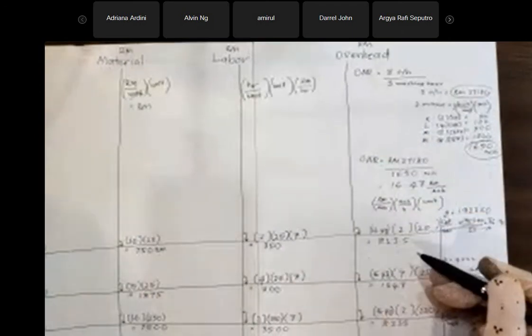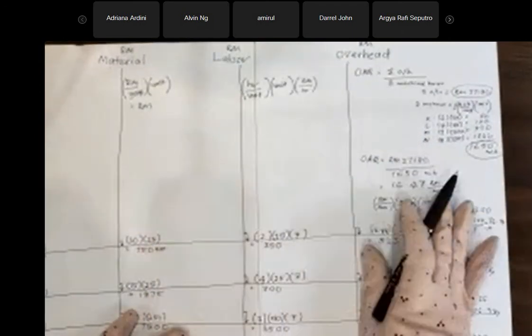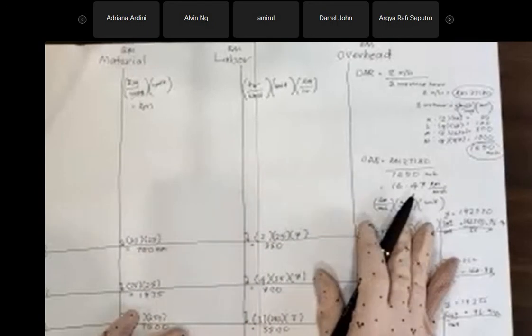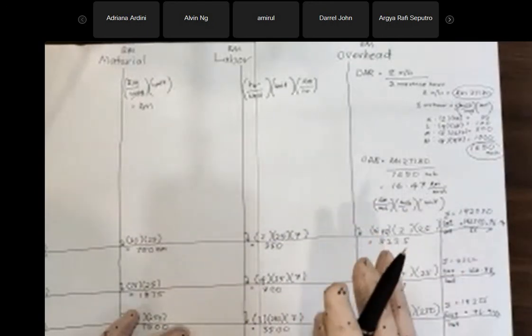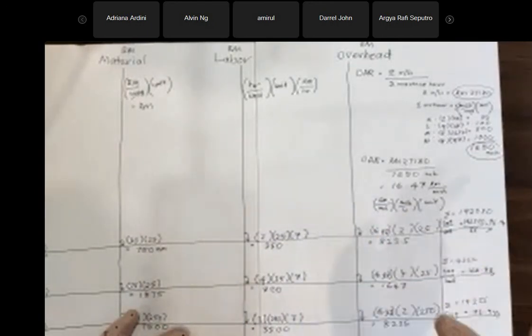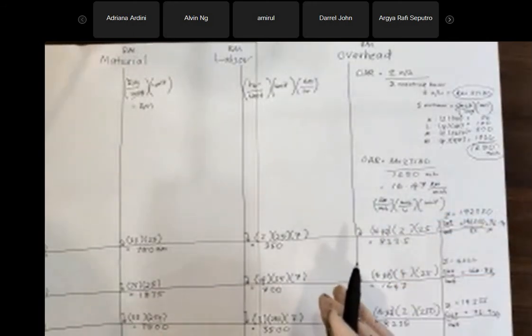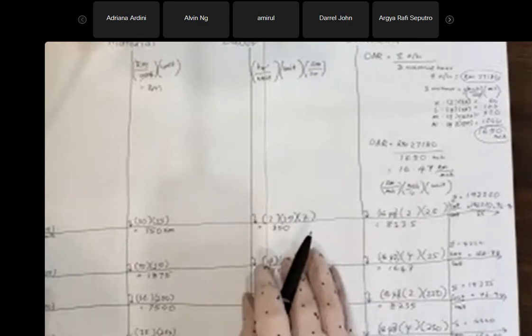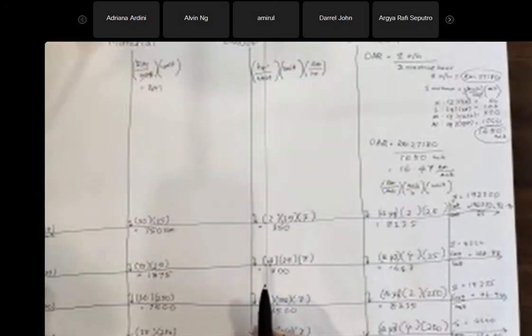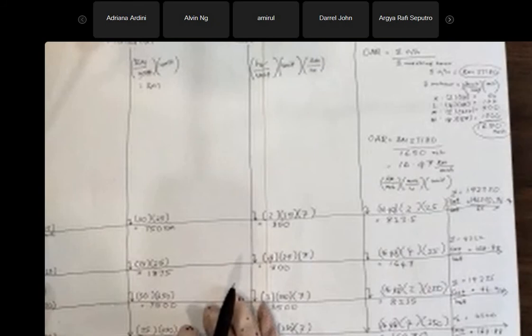Even though this already looks fair, when you do activity-based costing you can see the difference in the costing. Sometimes this is over cost, the other one is under cost.